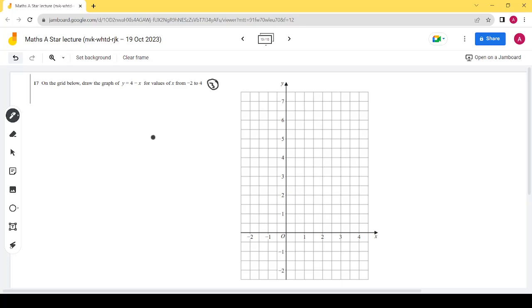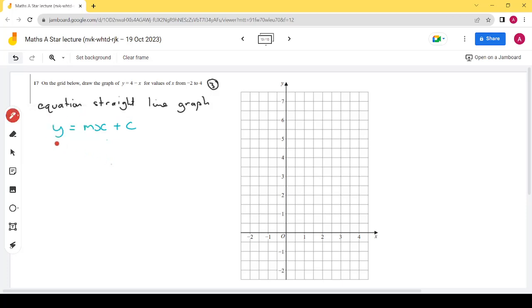Okay, so we've got a graph here in the form y equals 4 minus x. We haven't got any squared or cubed, which means it's a straight line graph. So remember, the equation for a straight line graph is y equals mx plus c.